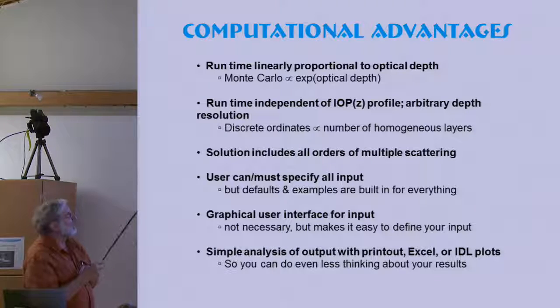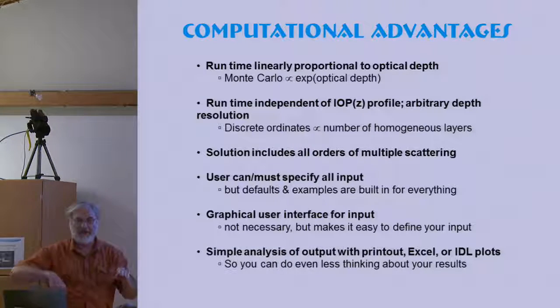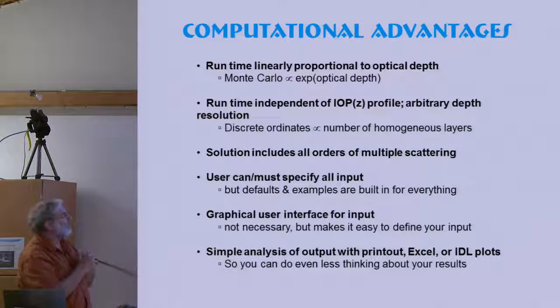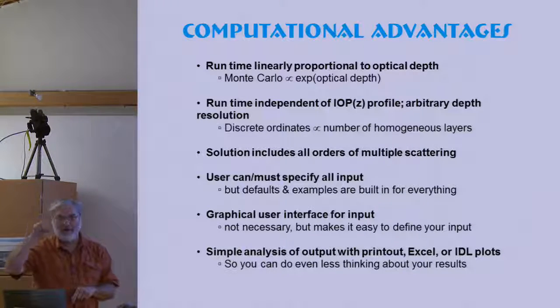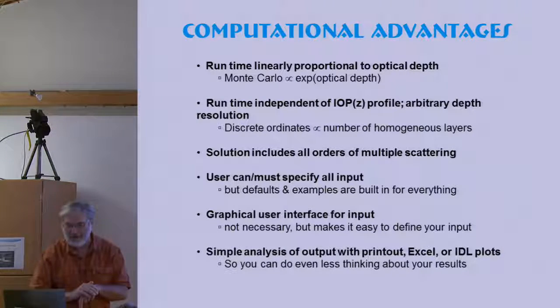As I said, Hydrolight can have any depth profile of IOPs, and it really doesn't cost you any more time to have a depth profile versus just constant IOPs. There are other techniques, one's called discrete ordinates, that divides the ocean into homogeneous layers, and if you have to have 50 layers to resolve your depth profile, it then takes 50 times as long to run.